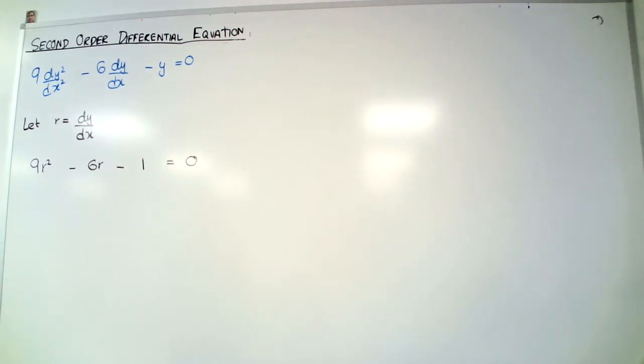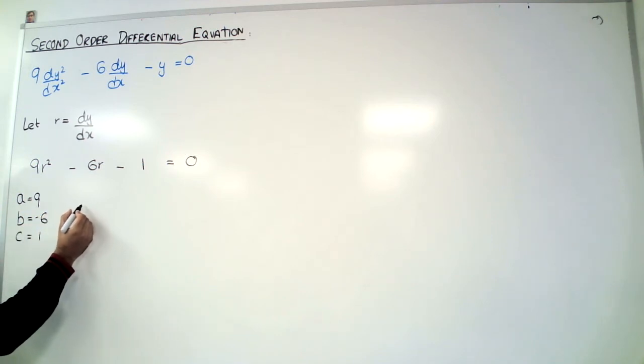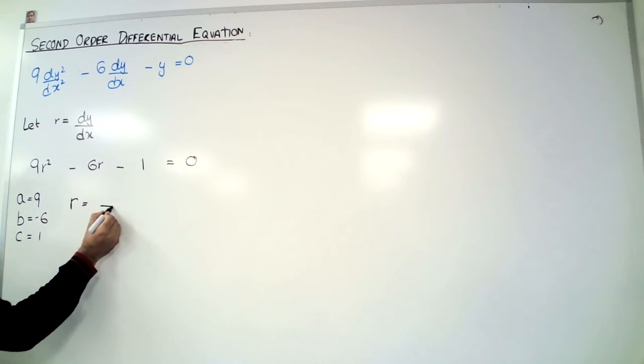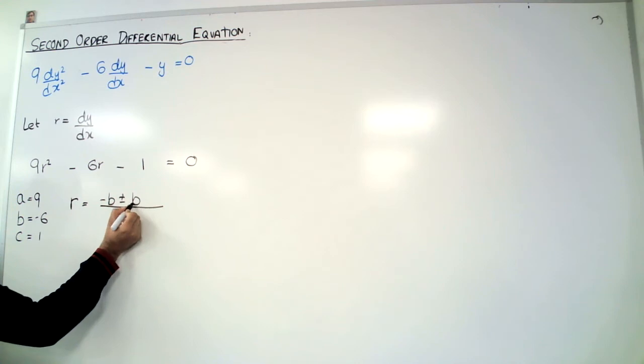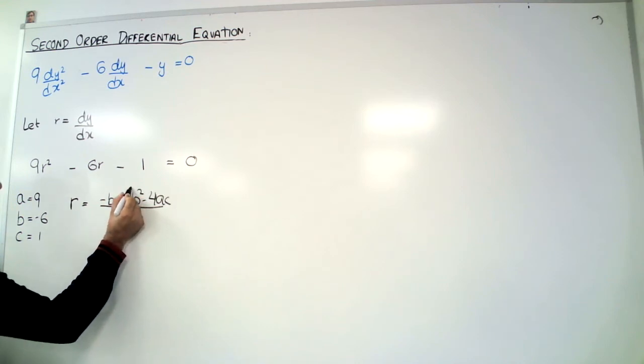Now I need to solve this one. How do I solve this bit? 9r squared minus 6r minus 1. I can use a quadratic formula. So I need to find the r. So here first a is 9, b is minus 6, and c is minus 1. I'm using quadratic formula, which is something like this. r equals, because I'm finding the r, minus b plus minus root of b squared minus 4ac over 2a.